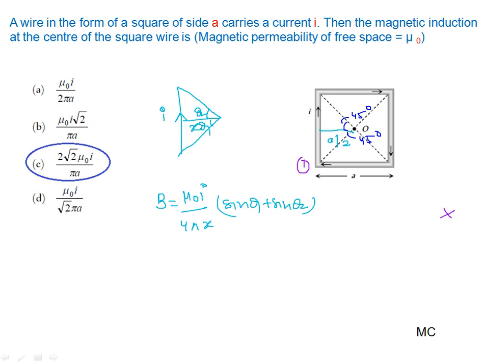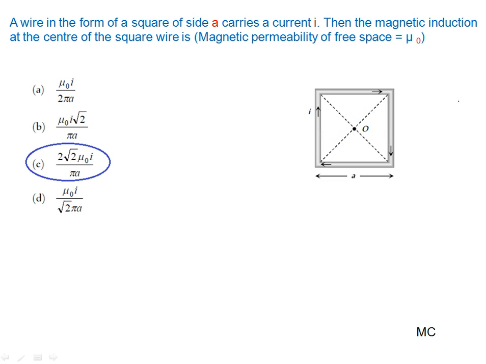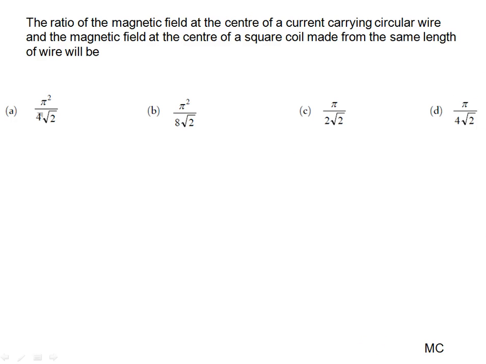Now we move to the next question. Please try to solve it. We have to calculate the ratio of the magnetic field at the center of a current carrying circular wire and the magnetic field at the center of the square coil made from the same length of wire.